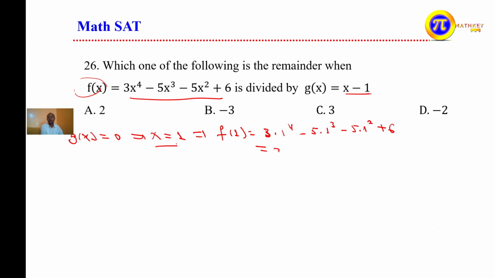This is equal to 3 minus 5, minus 5, plus 6. 3 plus 6 is 9, minus 10. The value becomes minus 1. Is there any choice? We have the choice, so the choice is negative 1.